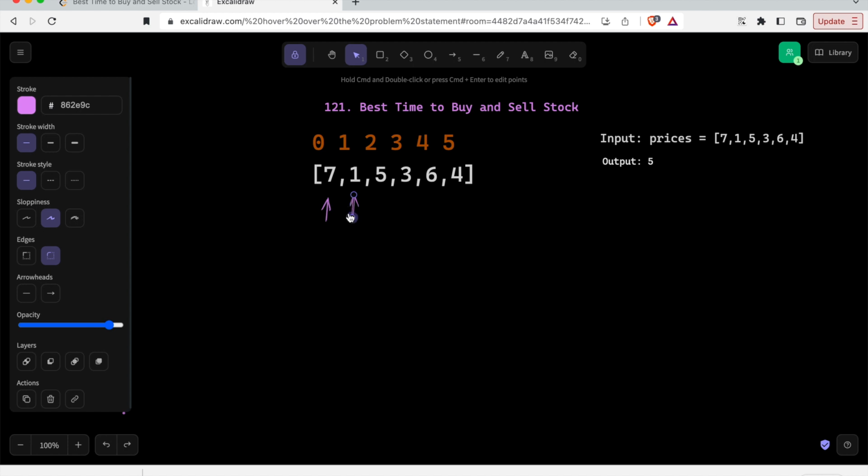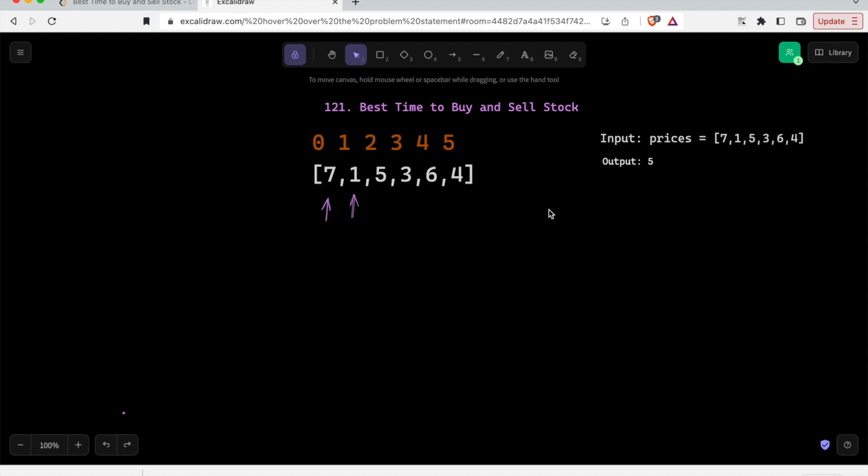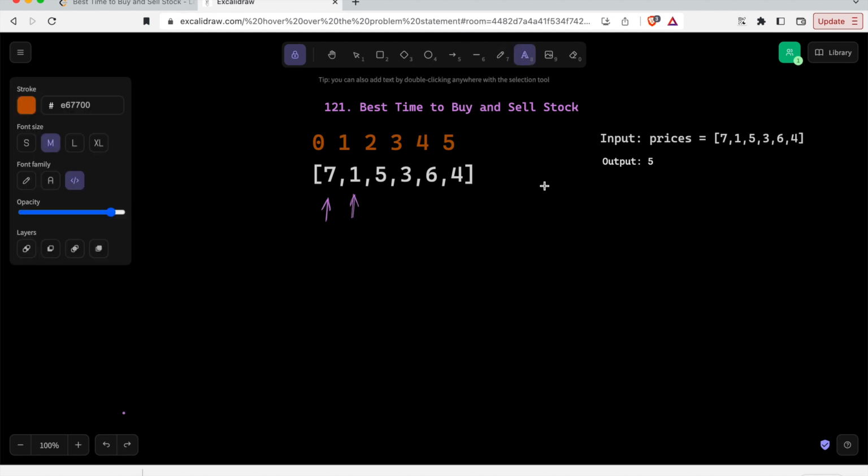You will check every time whether your sell is greater than your buy. If it is not, you will not store it in the profit, but if it is, you will increase your max profit, and at the end return whatever your max is. So you can definitely use this 2 pointer approach and find the maximum profit.